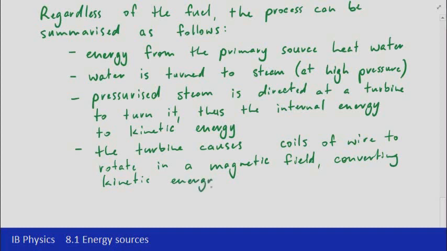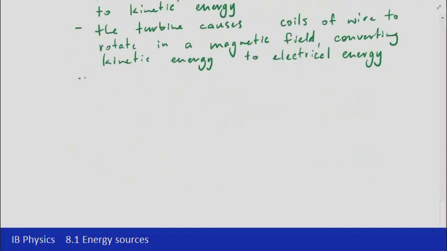Now the last step, so this is electrical energy in the power station, we then need to get that electrical energy out to consumers. And so the last step that we're really interested in here is that the electrical energy is distributed to consumers through the electricity network or through the grid.